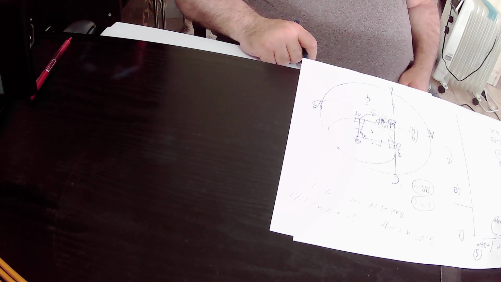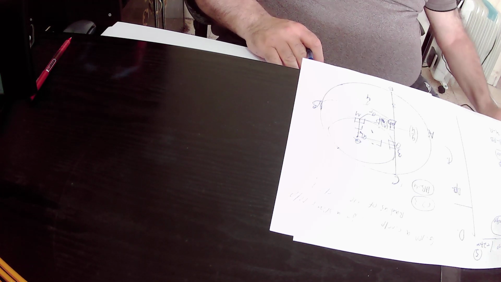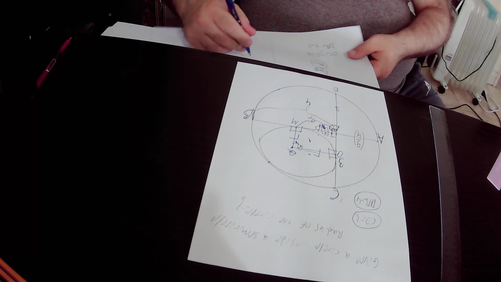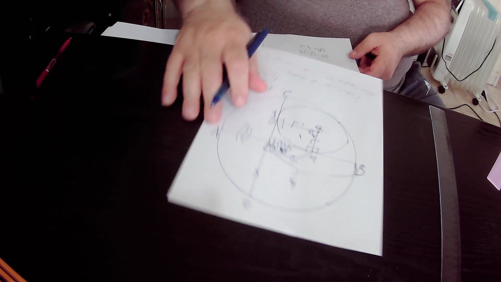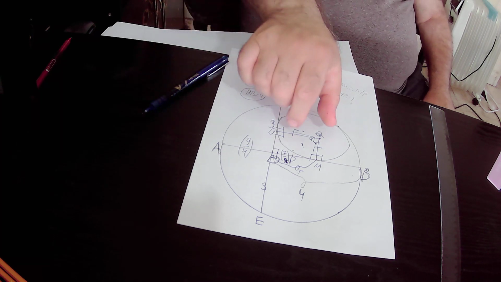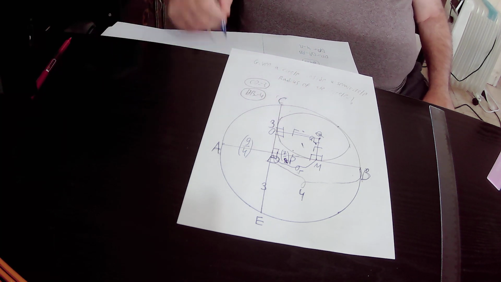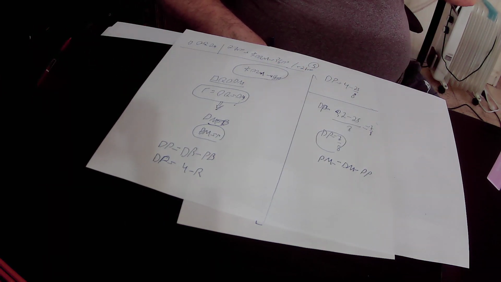And what is the value of PM? From the drawing, it is very easy to see that PM equals dm minus PD. PM equals dm minus dP.